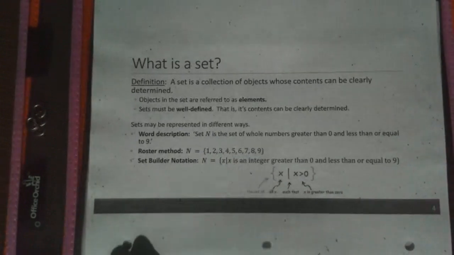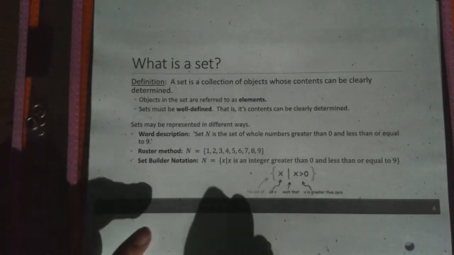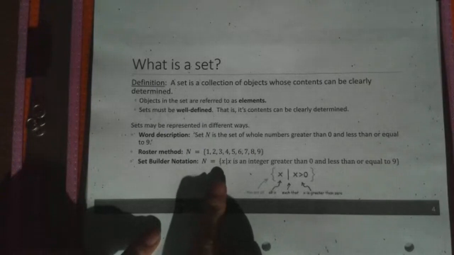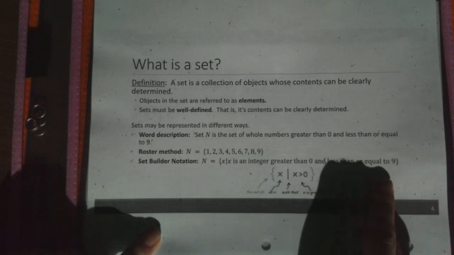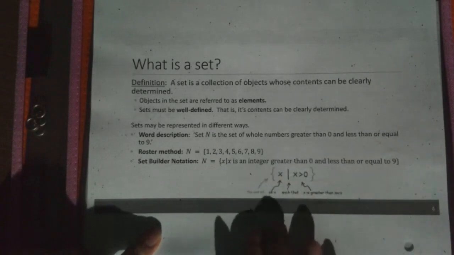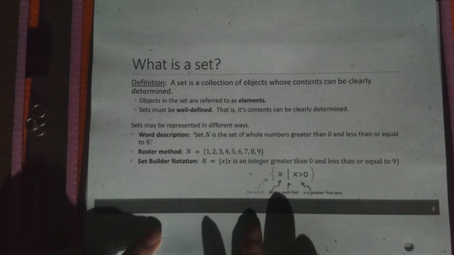And then there's set builder notation. This is read as n is equal to the set of x such that x is an integer greater than 0 and less than or equal to 9. So this little picture down here is telling you what each of the things mean.